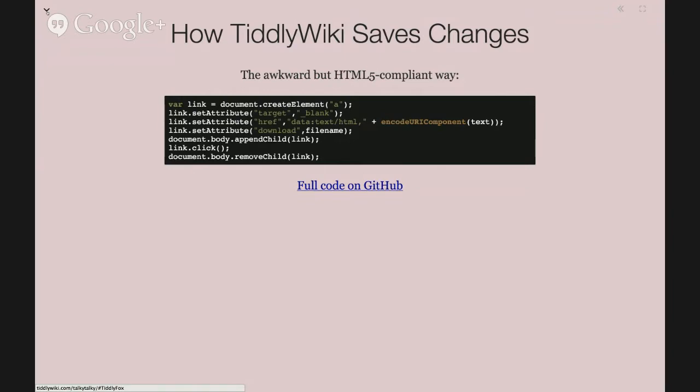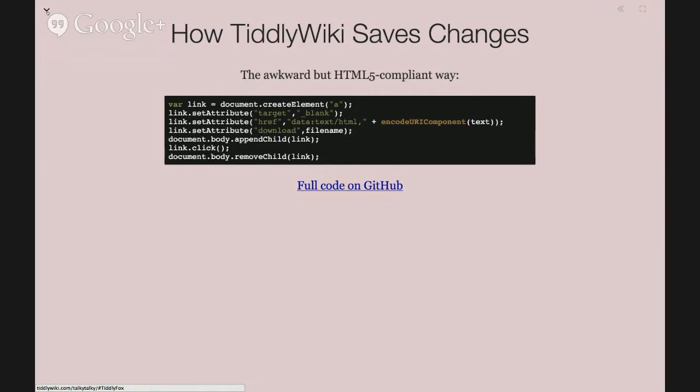The thing I was trying to emphasize to the audience last week was that it's quite a big deal to have moved TiddlyWiki from taking advantage of really quirks with browsers that didn't have a guaranteed long-term future to encompassing an HTML5 way of saving that should work for the foreseeable future.